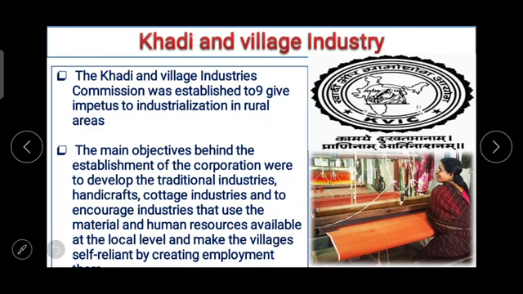The main objectives behind the establishment of the corporation were to develop the traditional industries, to develop the handicrafts, then cottage industries, and to encourage industries that use the material and human resources available at the local level and make the villages self-reliant by creating employment there.